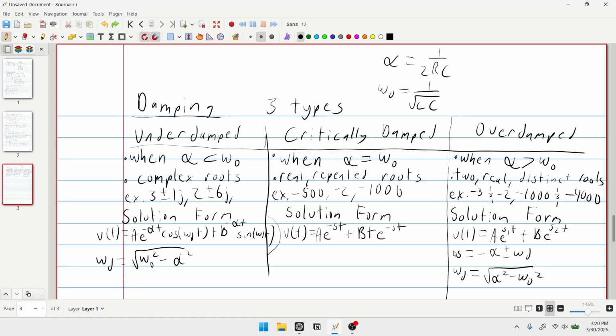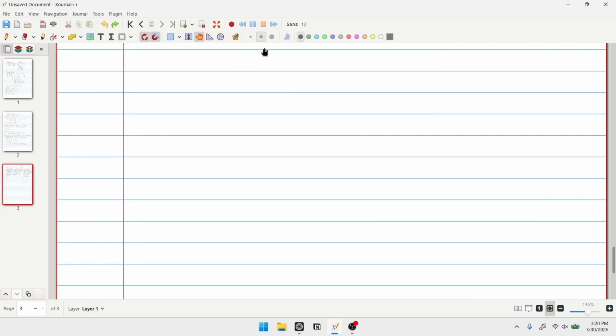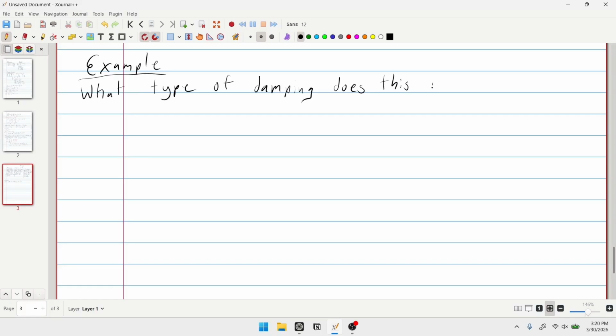Alright, so let's go over an example. So, what type of damping does this parallel circuit have?